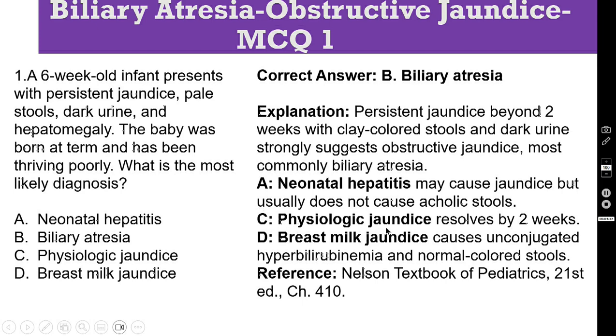Physiological jaundice is also incorrect because physiological jaundice usually resolves by 2 weeks. Our baby is already 6 weeks old. And breast milk jaundice causes unconjugated hyperbilirubinemia and normal colored stool. Here it is conjugated hyperbilirubinemia. So that is also wrong.